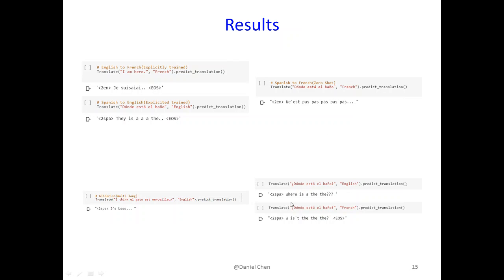It's where is the, so at least it knows where is the. In this case, the punctuation might actually be very helpful. They're doing it for French. Donde está el baño in French. So this is apparently going through the English side, but it's not exactly French, but it is doing something.